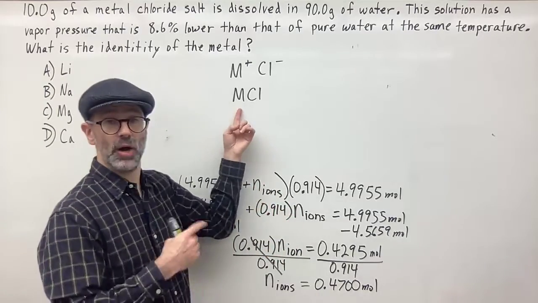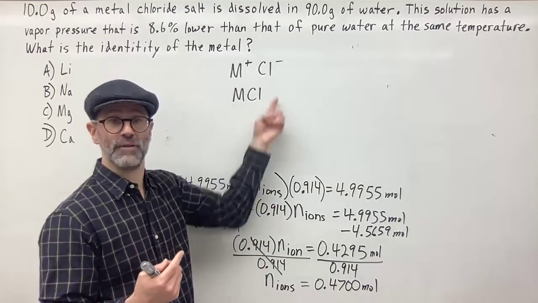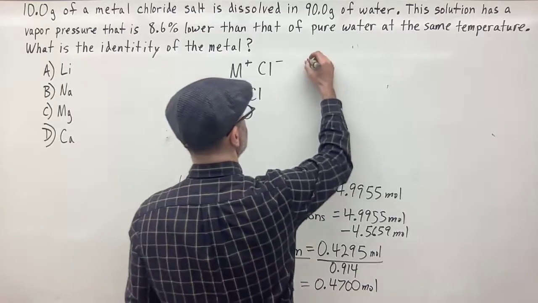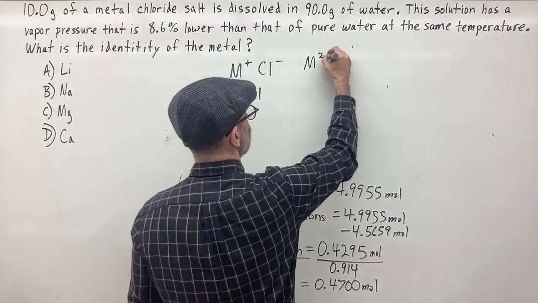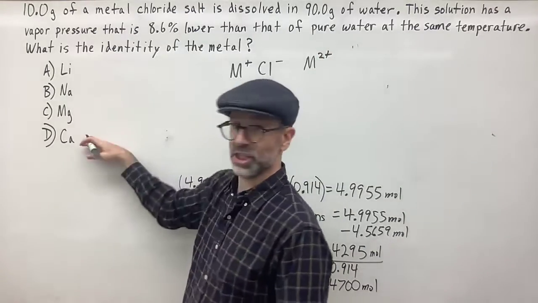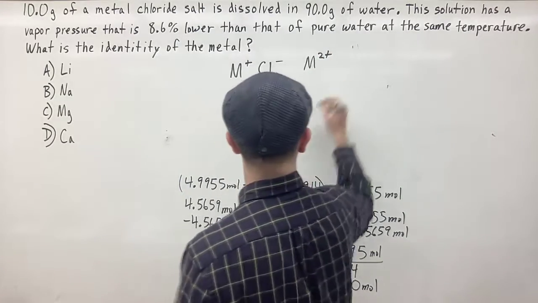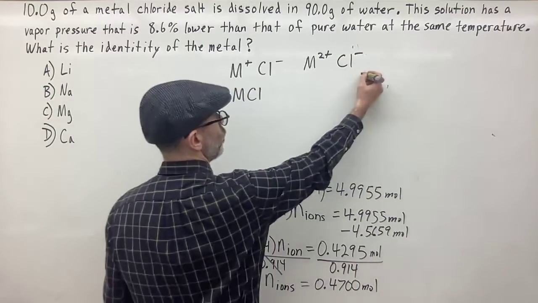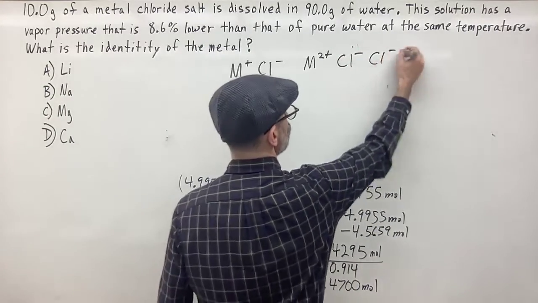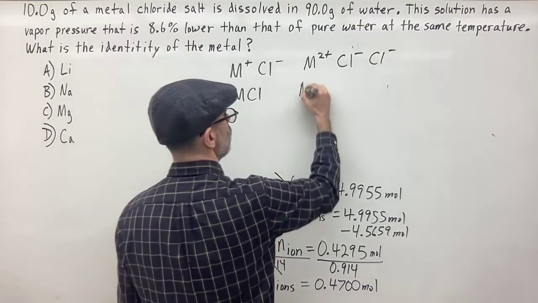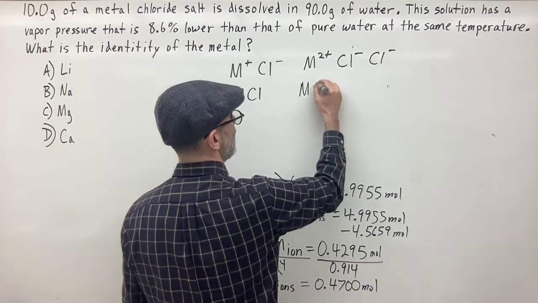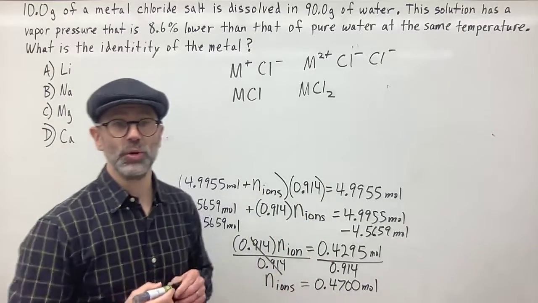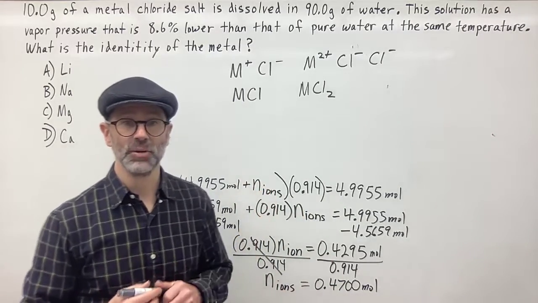So this gives you a 1-to-2 ratio, so the van 't Hoff factor is 2, right? If the metal has a 2+ charge on it, like magnesium and calcium, then that's going to require 2 chloride ions. So then the formula is going to be MCl2. We don't know which one it is, so we got to test both of these out.